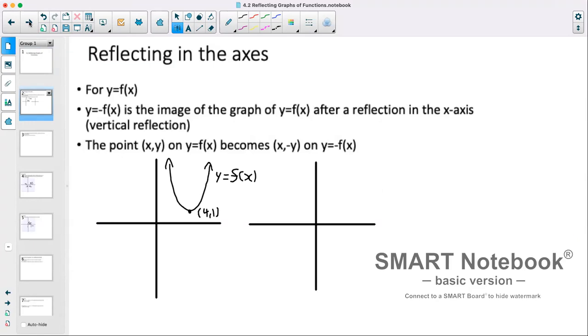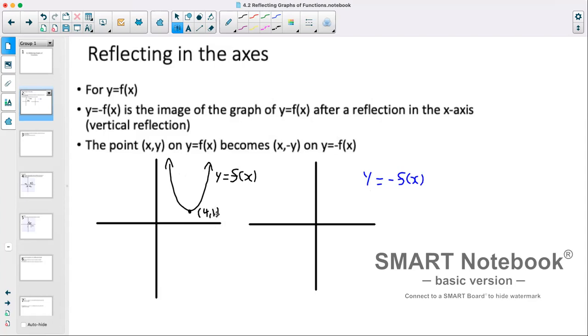Now, any point on our graph of y equals f of x essentially has its y value change to the opposite sign. So if I had a y value of 4, it'd become -4. If I had a y value of -5, it'd become +5. So if we have this graph here, which is y equals f of x, if we then graphed y equals negative f of x, that's our reflection over x-axis.